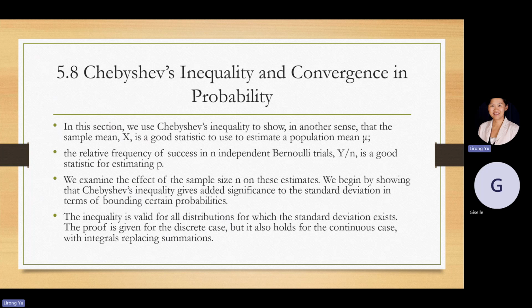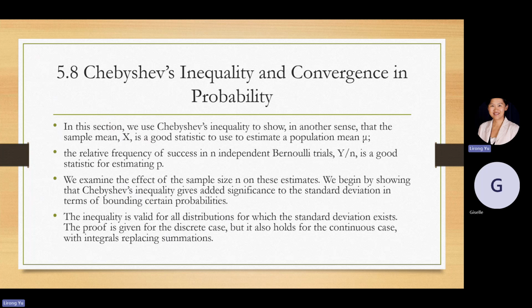If you take the number of successes, which is y, divided by the total number of trials, which is n, that division is a probability, or you can call it a proportion. So y over n is a proportion. We often use y over n to approximate the population proportion. So how good is that estimation? That's something we want to use Chebyshev's inequality to show.